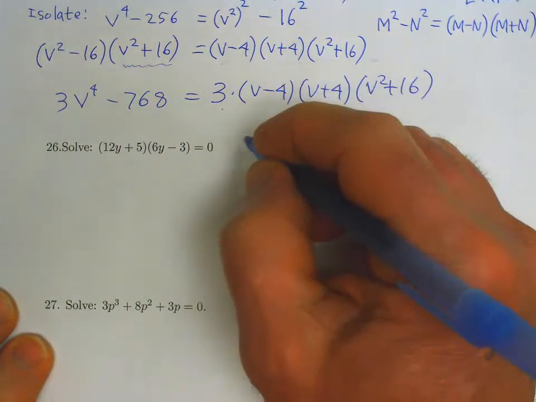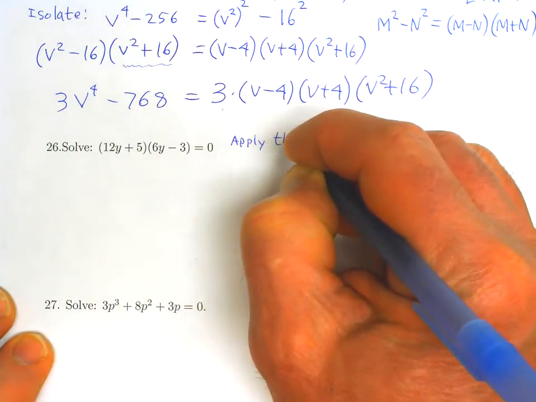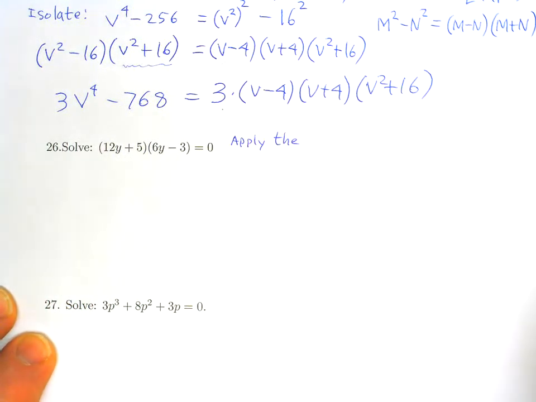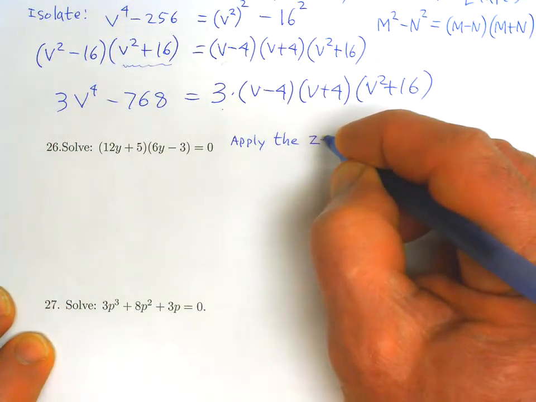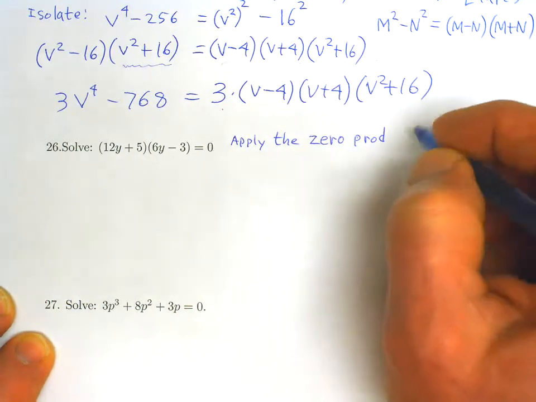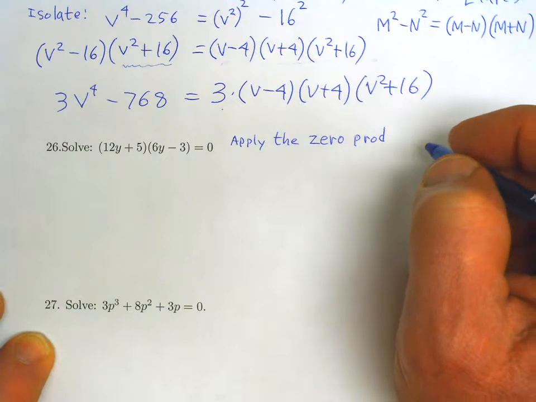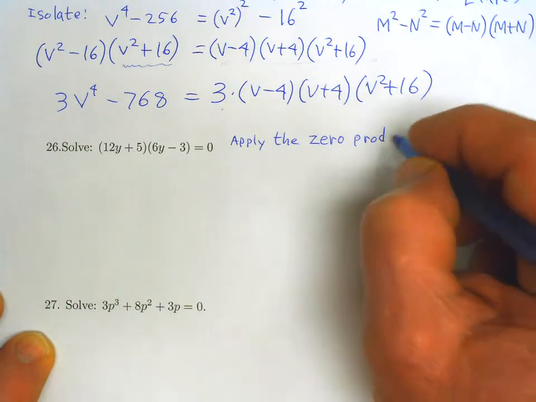So on this one, just apply the zero product property. If the product of two numbers is 0, then one or the other has to be 0.